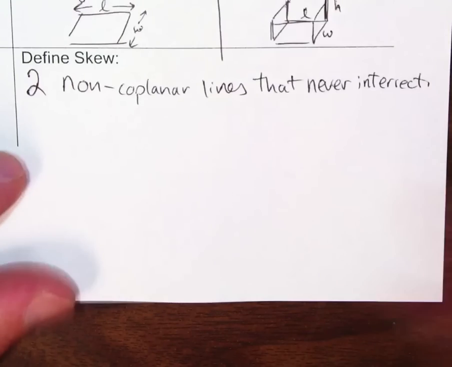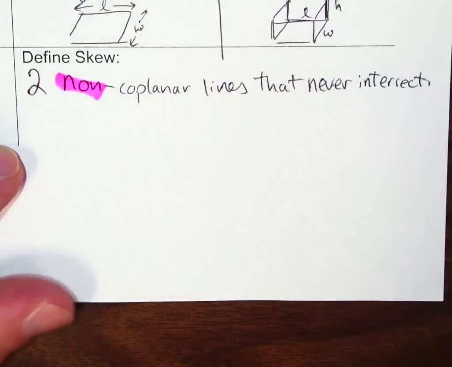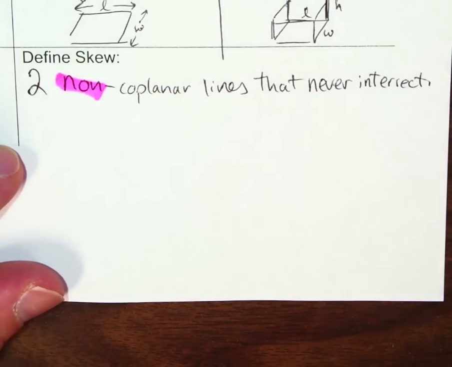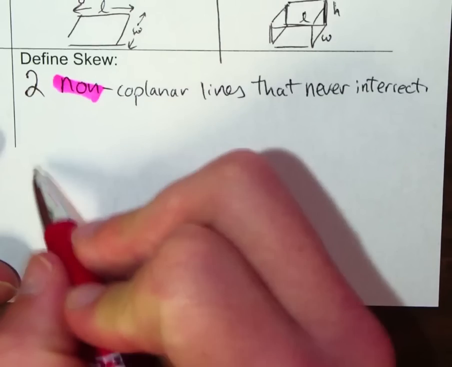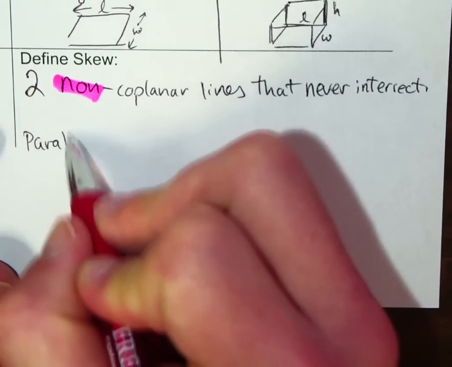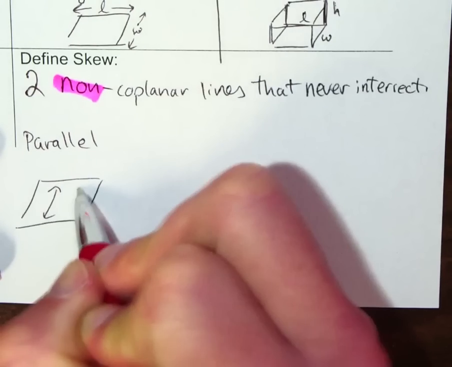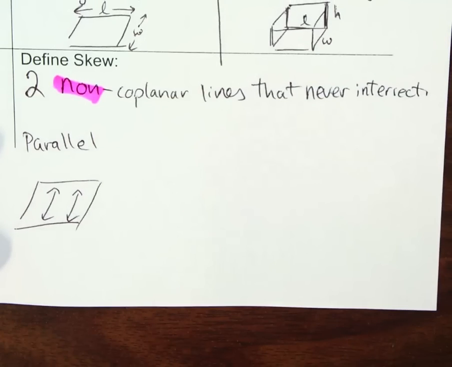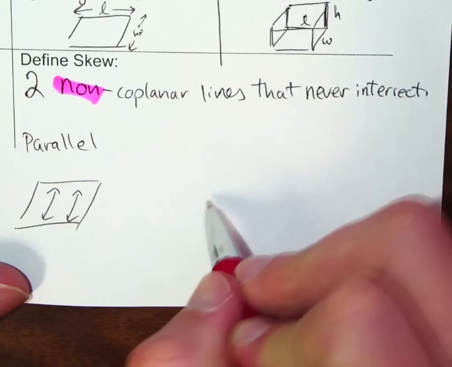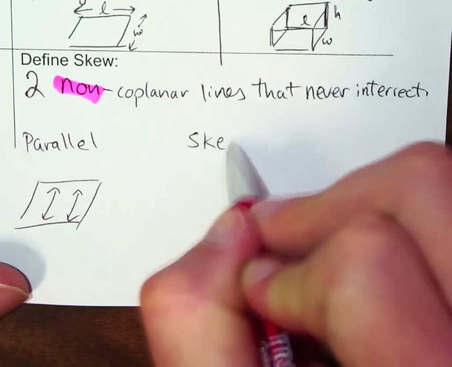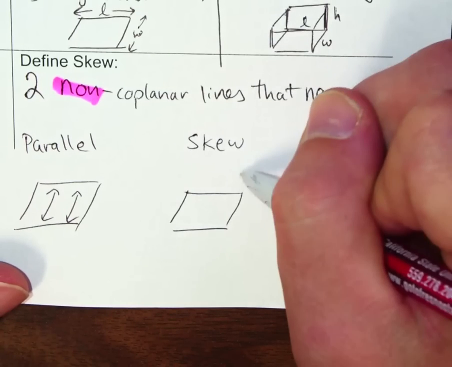So they sound like parallel, but notice the key, they're non-coplanar, whereas parallel are coplanar. So, for example, while parallel looks like this, they're in the same flat plane, an example of skew would be, there's our plane, but let's go 3-dimensional instead of 2-dimensional.